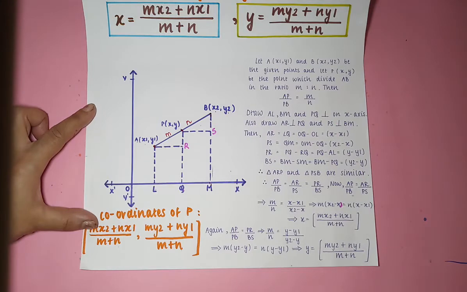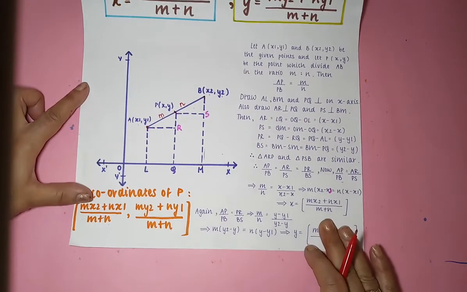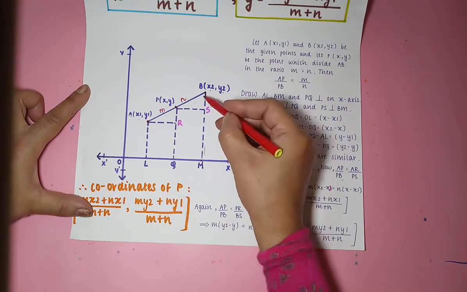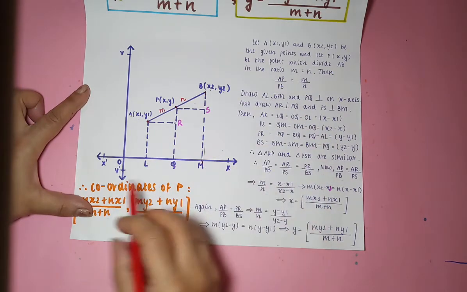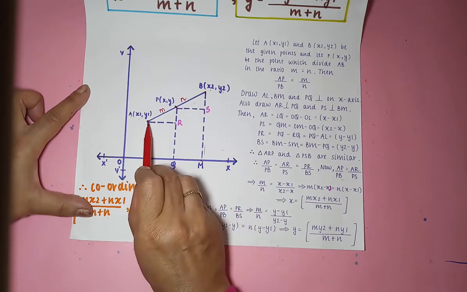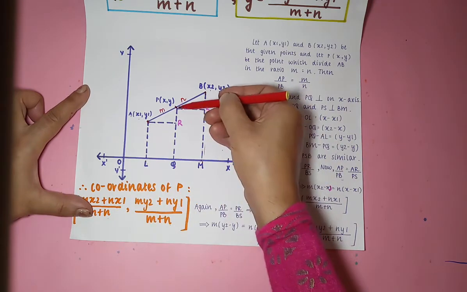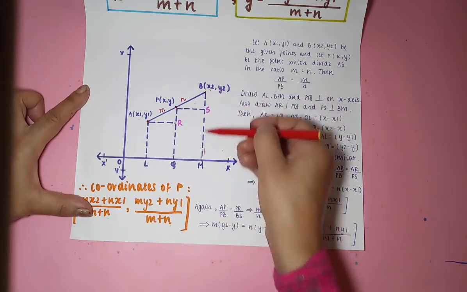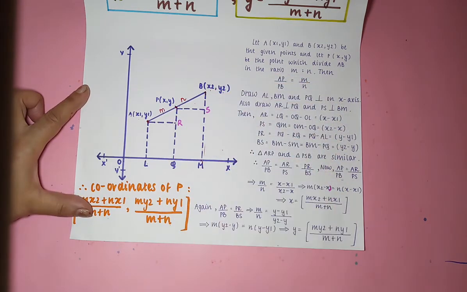Now we will do some constructions here. We will draw AL and BM perpendiculars on the x-axis. Similarly, I will draw AR perpendicular on the line PQ and PS perpendicular on the line BM.